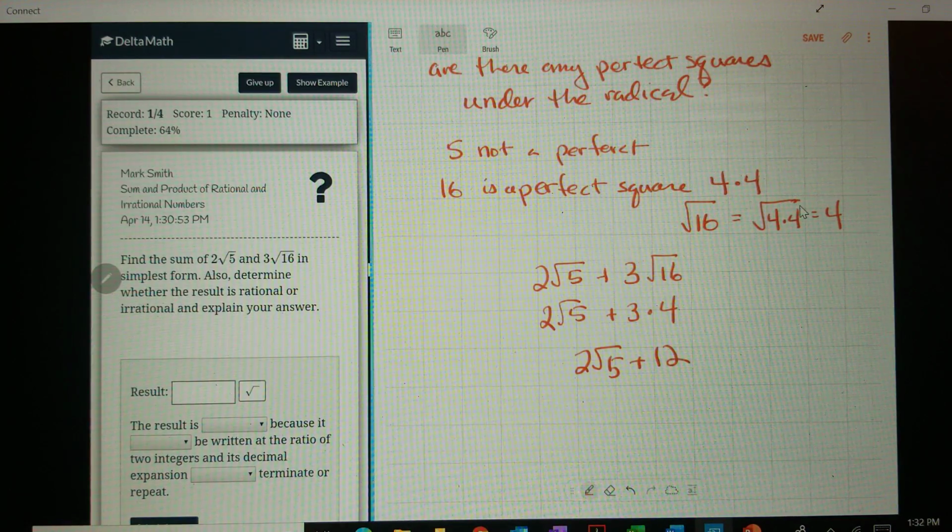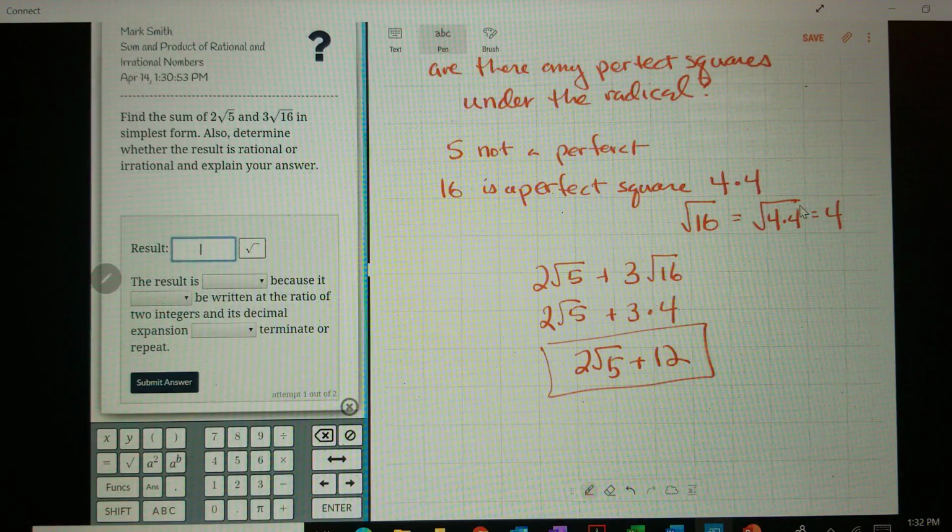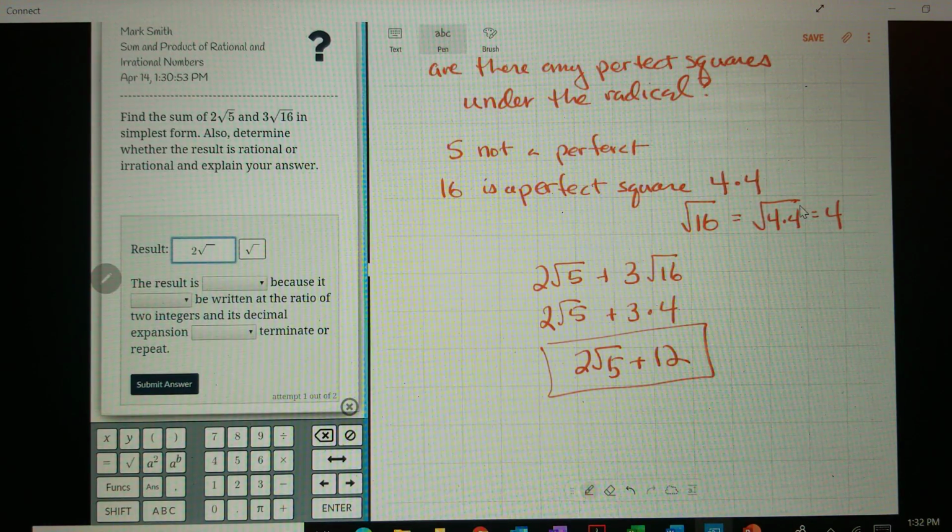Plus 12. Now we can't add the 12 and the 2√5. It's just sort of like saying 2x plus 12. We couldn't add the 12 and the 2x, but that's our answer. So we're going to go 2√5 plus 12. Now, is it rational or irrational? Well, 12 is a rational number, but 2 times the square root of 5 is an irrational number.